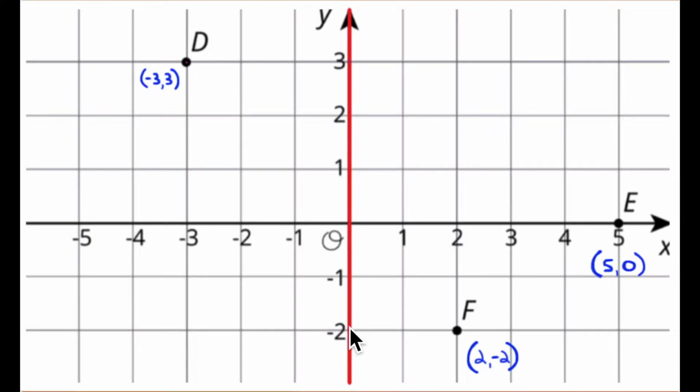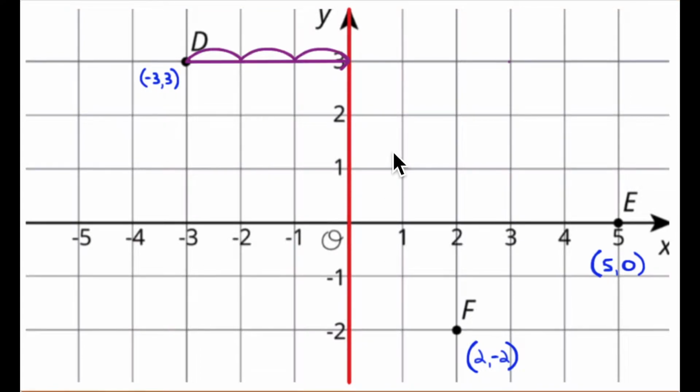This is the y-axis. And so reflection means that each point is going to move perpendicular to the line of reflection, so a 90-degree angle, and an equal distance on the other side of that line of reflection. So D is going to move in a perpendicular direction towards the line of reflection, at a 90-degree angle, and end up 3 units on the other side of the line of reflection.